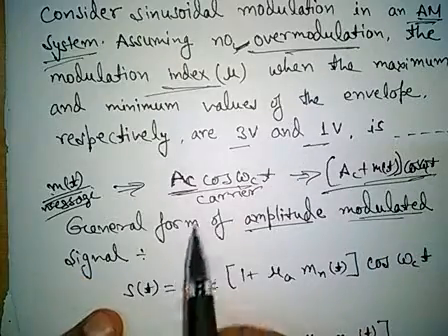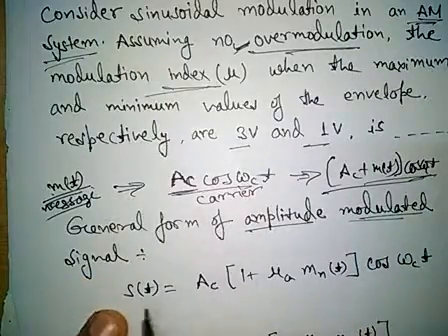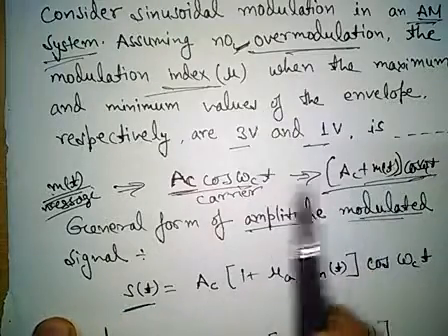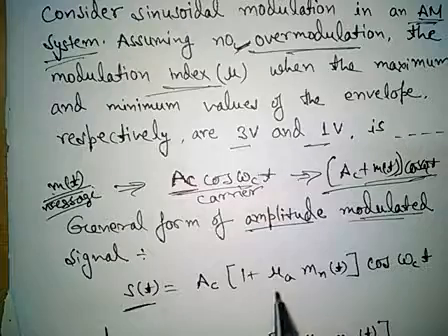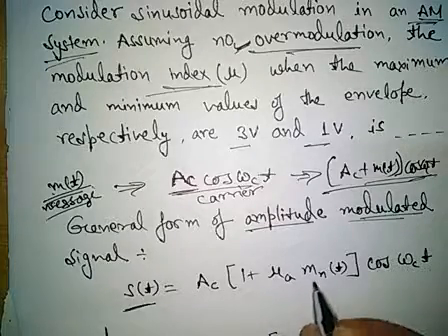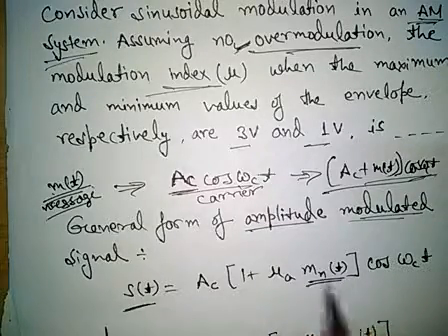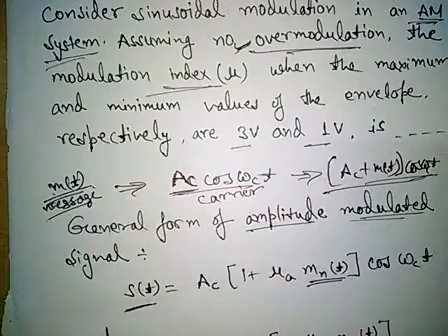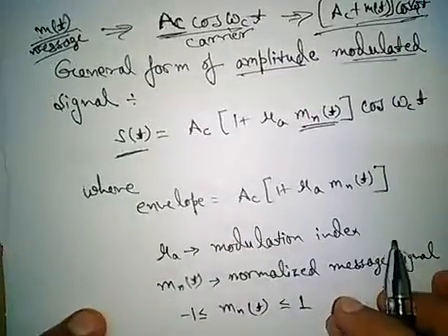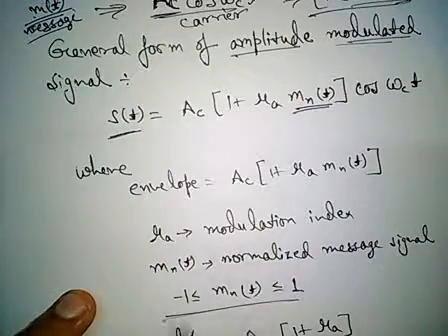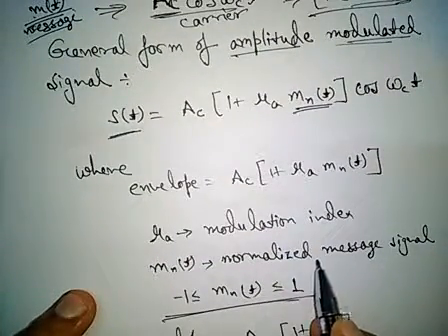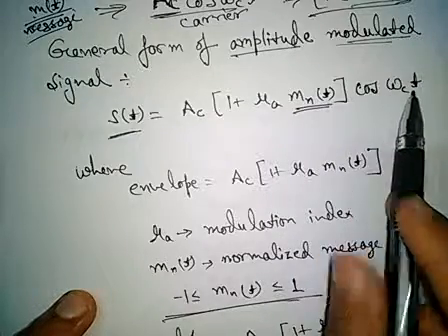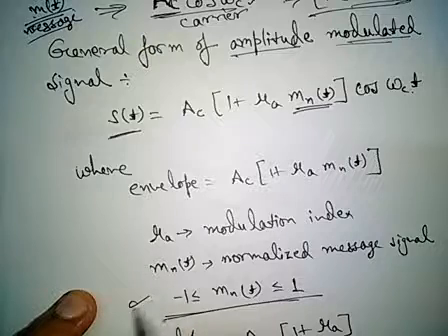In general it can be further derived as: taking Ac common, the AM signal is Ac [1 + mu_a m_n(t)] cos omega ct. Here m_n(t) is the normalized message signal, and its value ranges from -1 to +1. Why -1 to +1?